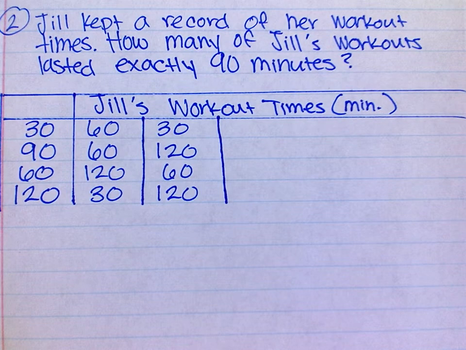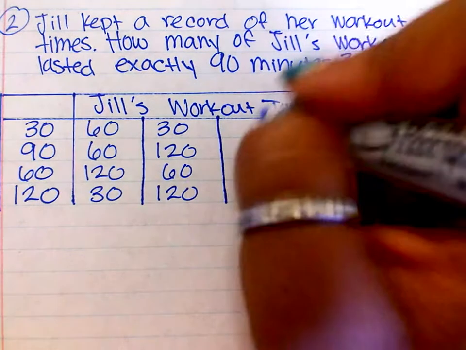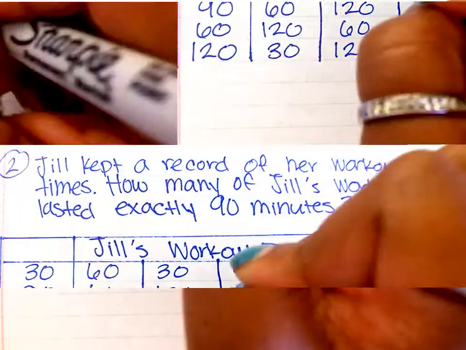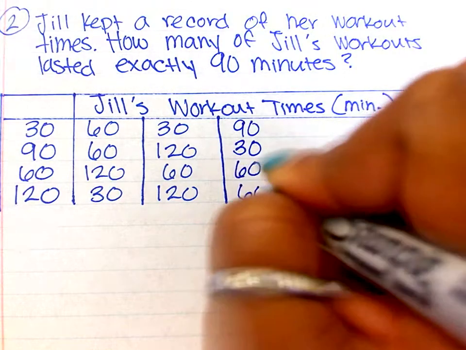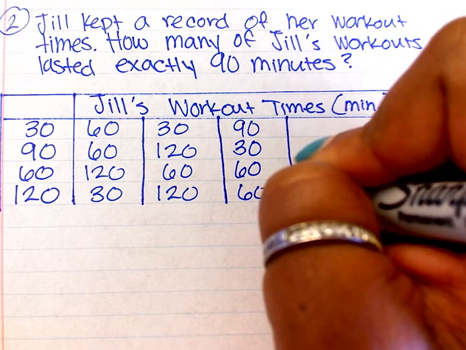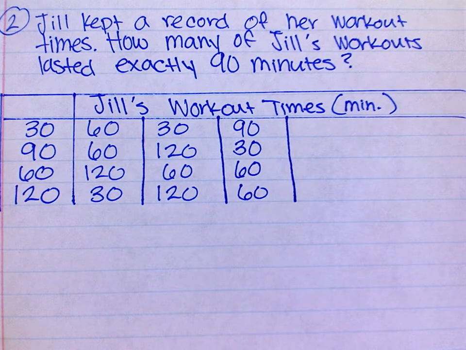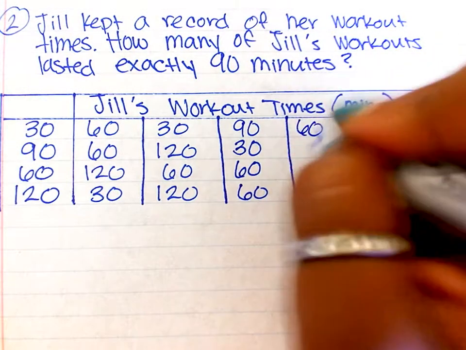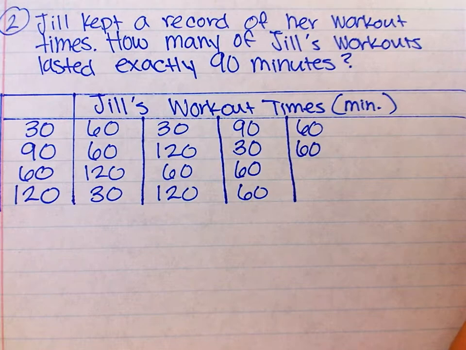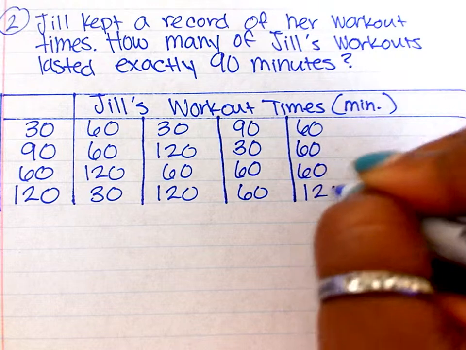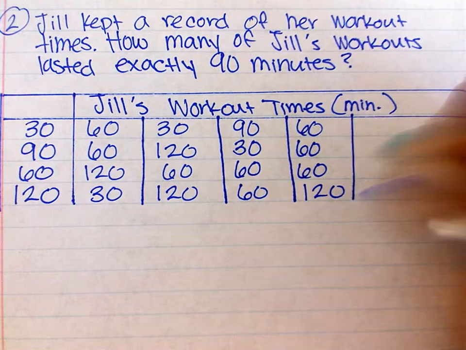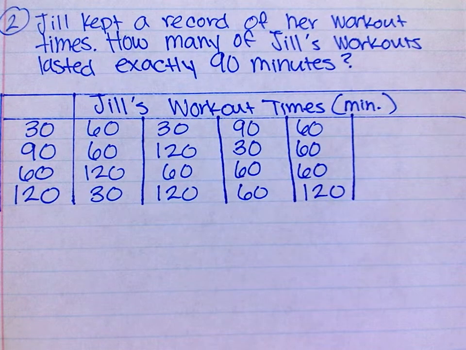I know this is the worst part and it's already going to be done for you, so just bear with me. Next column is 90, 30, 60, and 60 again. Three more. Next column, 60, 30 times, 120.